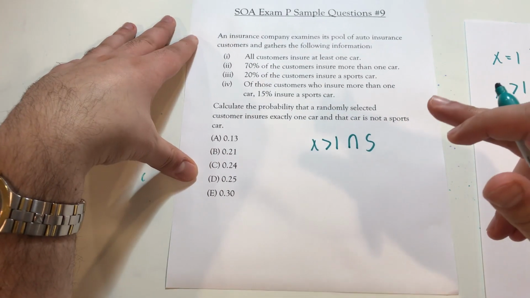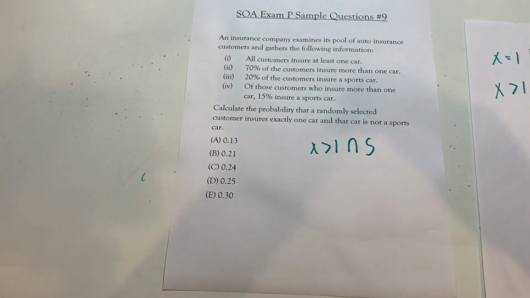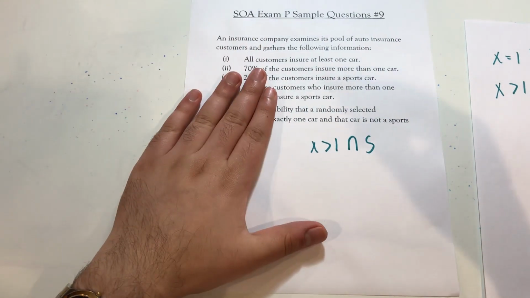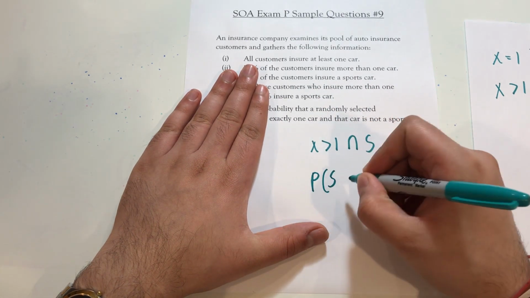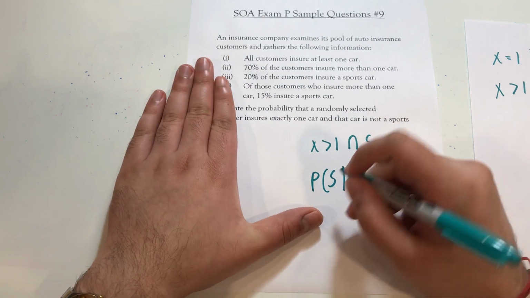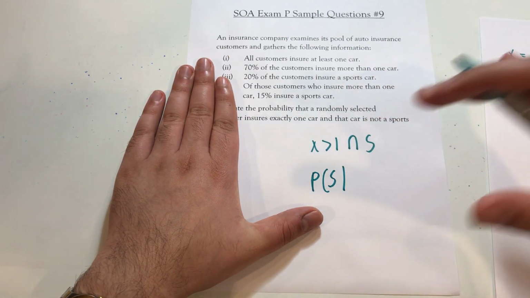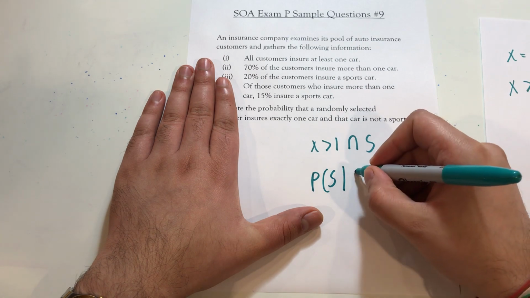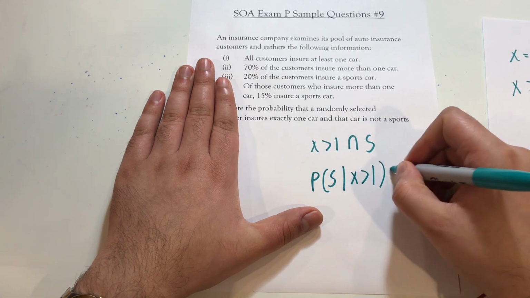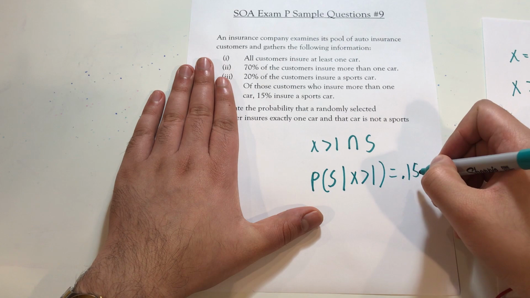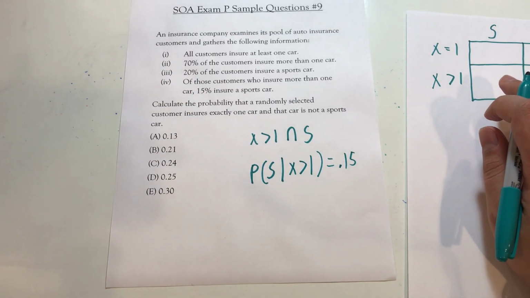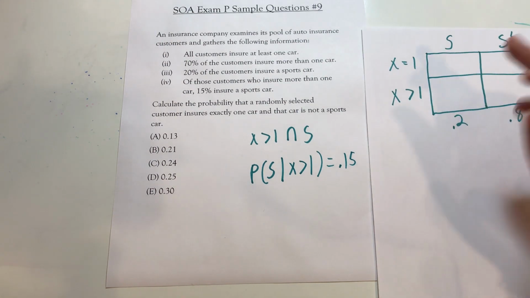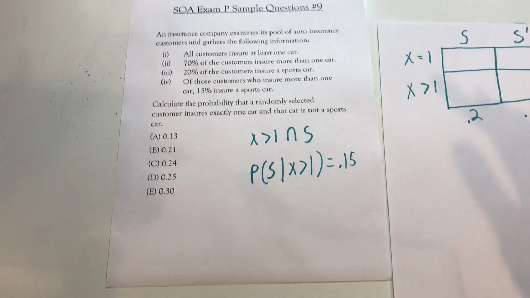What it gives us is of the customers who insure more than one car, 15% own a sports car. That is saying the probability of somebody owning a sports car given, right? We already know that this is the group of customers that own more than one car, is equal to 0.15, which is not what goes in here. Okay, so we do want to figure out what goes in here, and we can do that based off conditional probability.